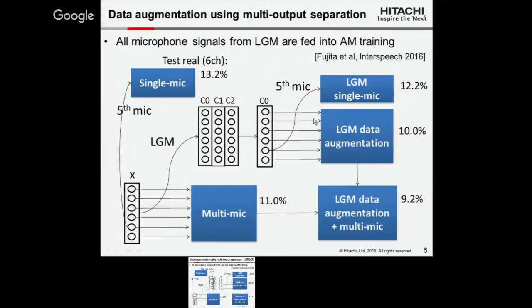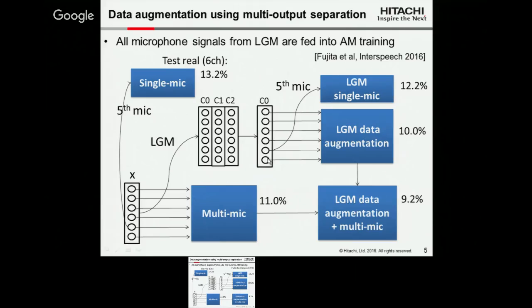Here is our contribution: the multi-channel output signal, this enhanced 6-channel signal, is all fed into acoustic model training. This further improves the word error rate for the real test set.